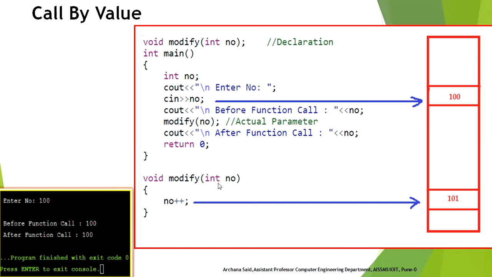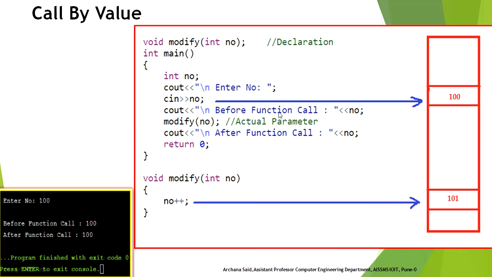So let's proceed. First is call by value. Here in this program we are going to update the value of a parameter by 1. This is the overall idea of this program. We have taken the number from the user, let's say 100.